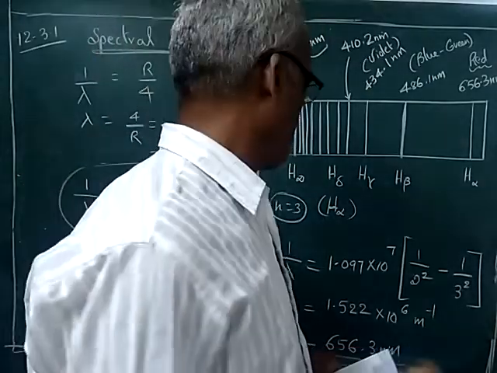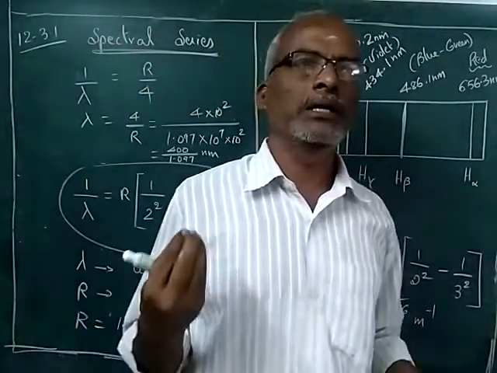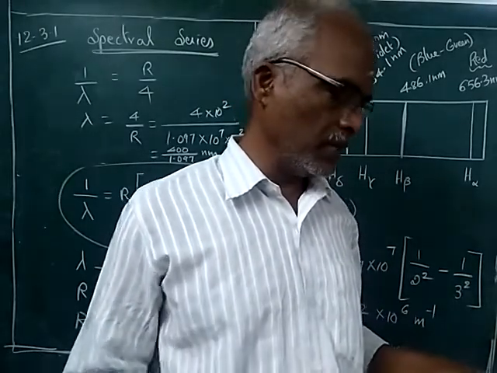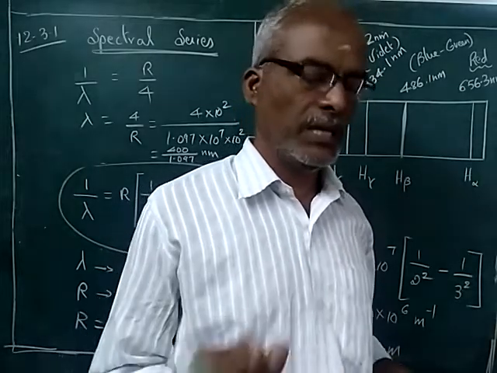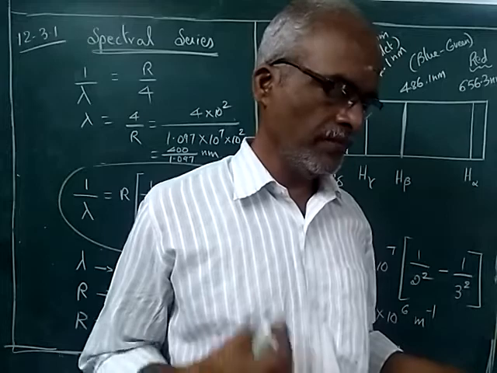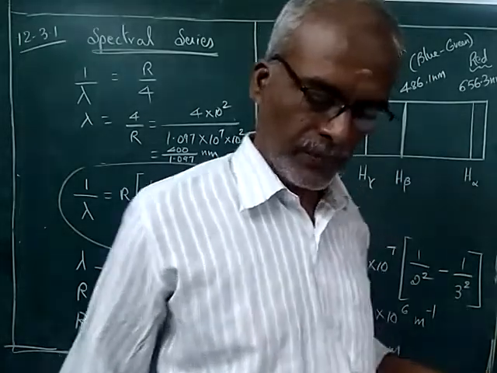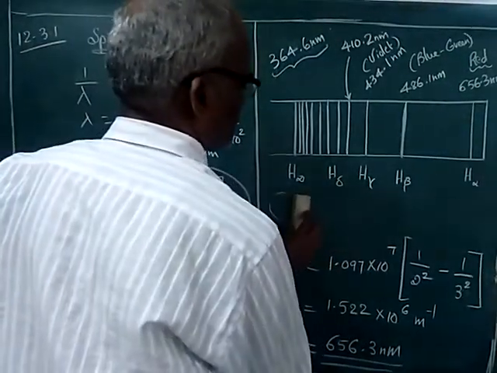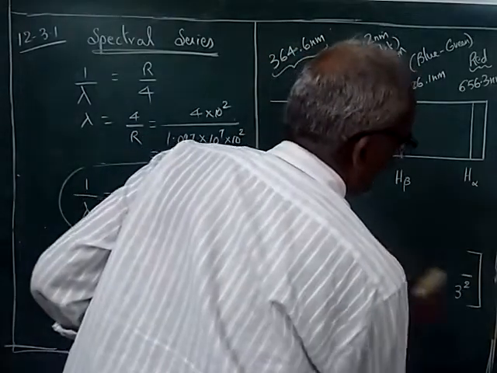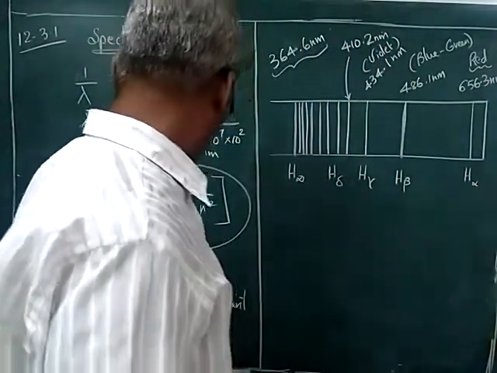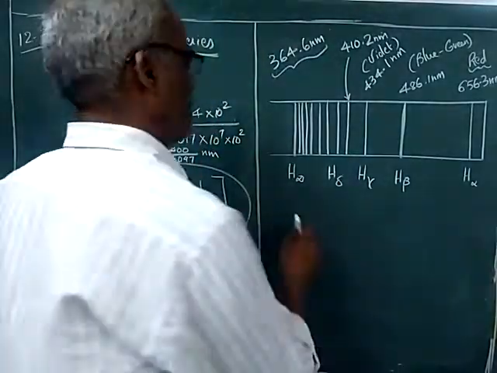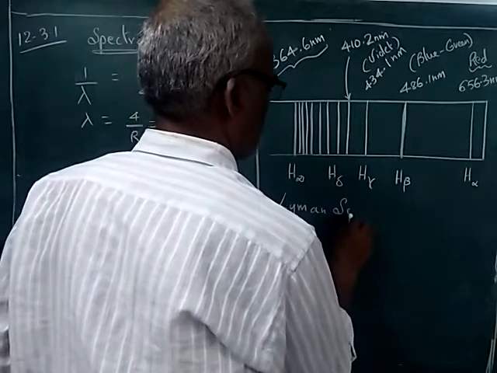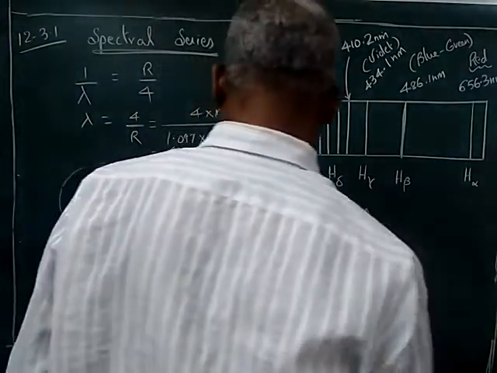So after Balmer gave an empirical formula, many researchers worked in that domain, and they came out with different types of series: Lyman series, Paschen series, Brackett series and Pfund series. We will see them one by one. Now first we will see the Lyman series.